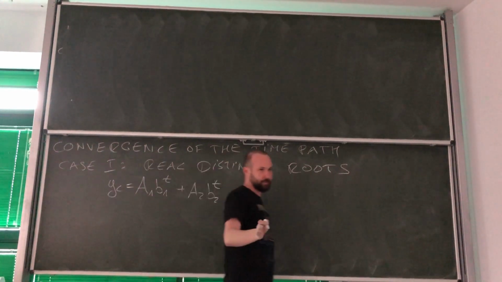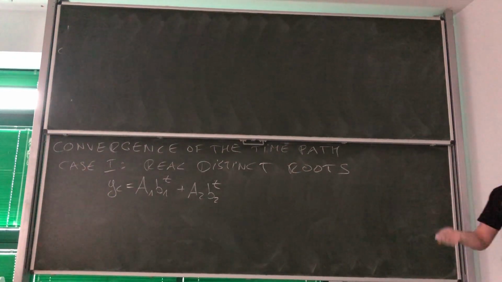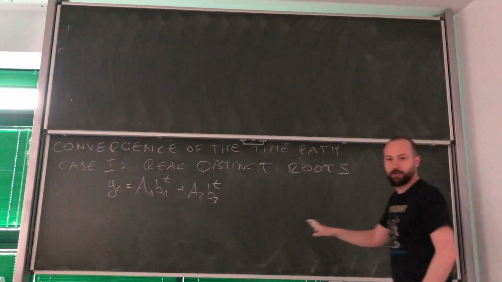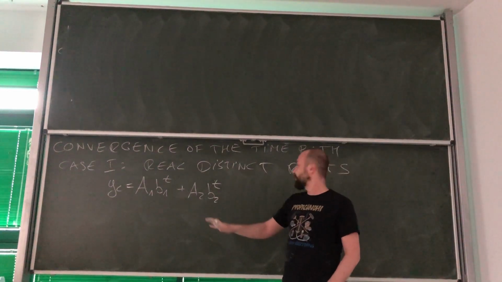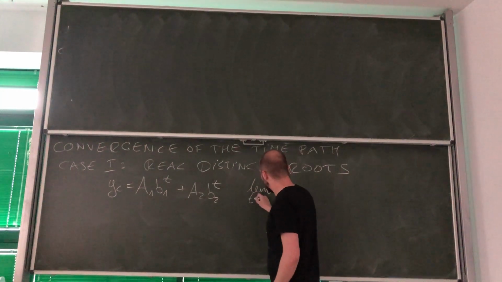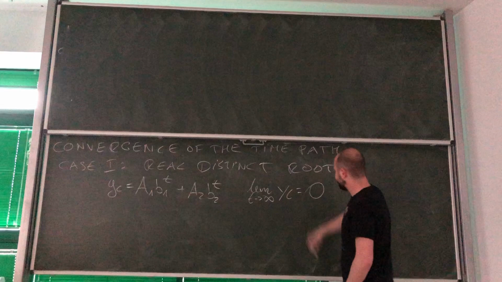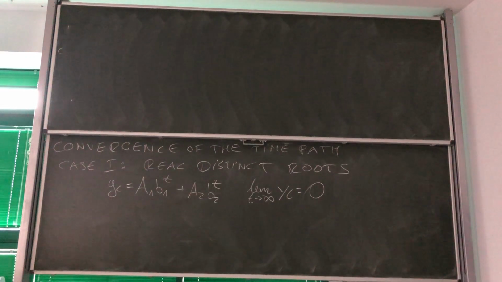Well, convergence takes place if enough time passes and we are moving towards equilibrium, right? How do we write it formally? This is the limit with t approaching infinity, yc must be equal to 0.